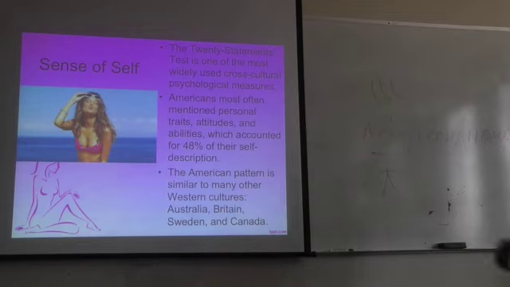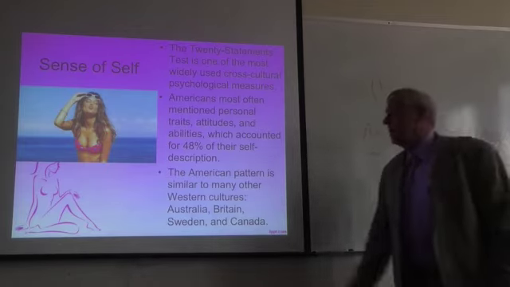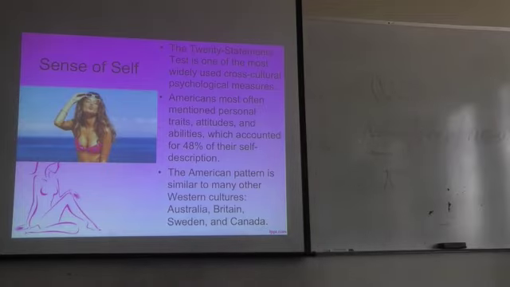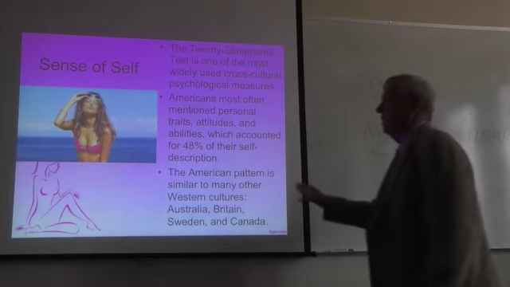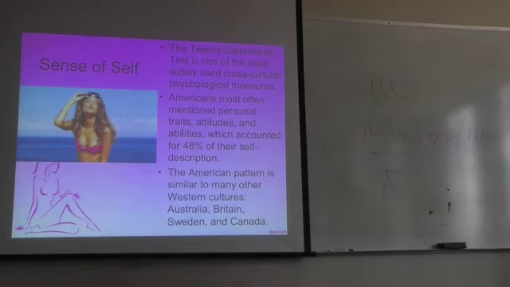Really kind of interesting. Americans most often mention personal traits, attitudes, and abilities, which accounted for 48% of self-description. You would say I am Navajo, I would say I am white, I am old. These are all specific things that fit our self-description. That's the way we do it in the United States.